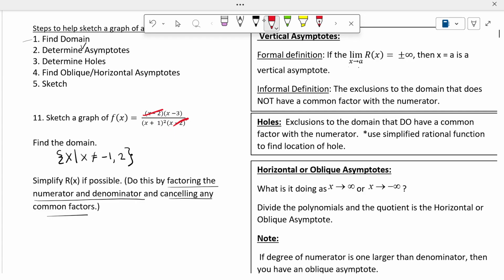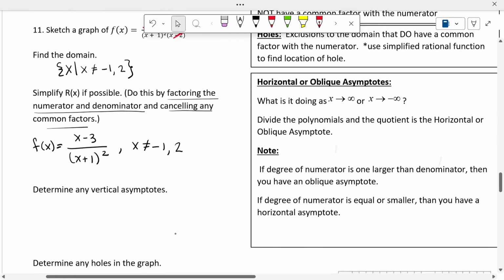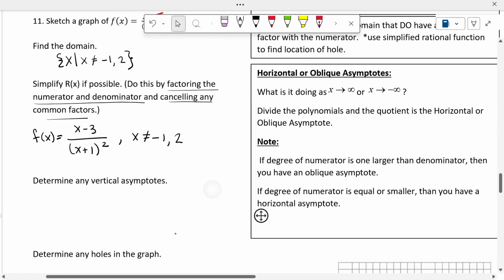Just like simplifying fractions with just numbers, we can simplify rationals. So my simplified version of this is x minus 3 on top and (x plus 1) squared on the bottom, as long as x is not -1 or 2.